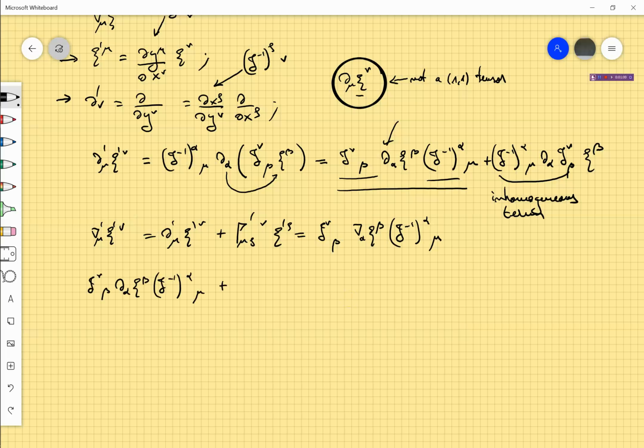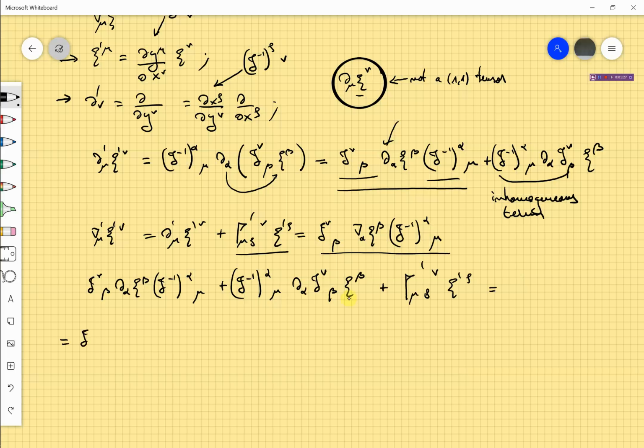This extra term here, alpha mu partial alpha j nu beta psi beta, and then this term, which we still don't know, is equal to this term here, and then put it here.